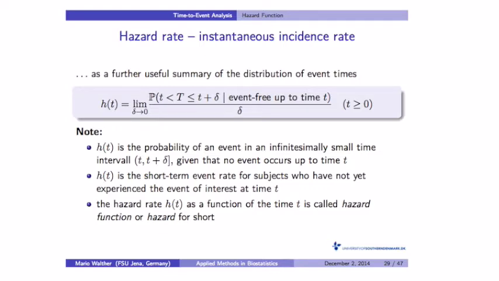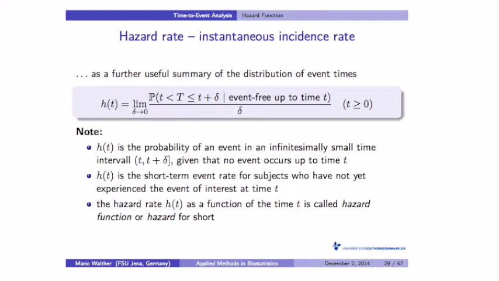If you consider the event dying due to cancer, then the hazard rate is the rate that you are still alive at time t, and just at time t you die due to cancer. Yes, the hazard rate depends on the event that you are interested in.